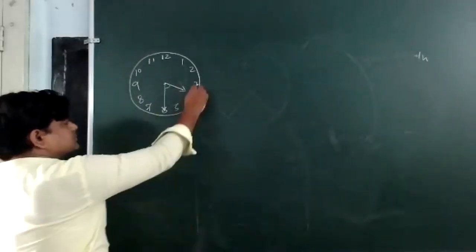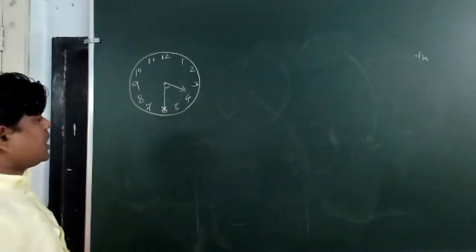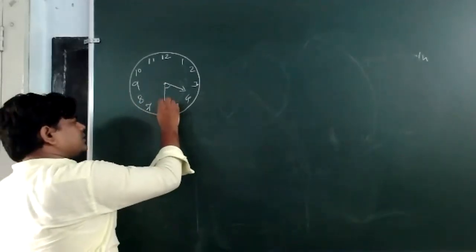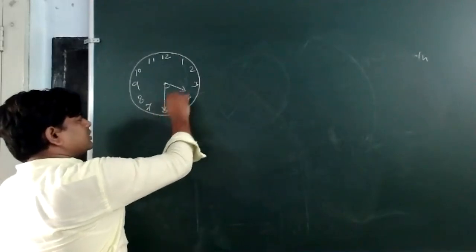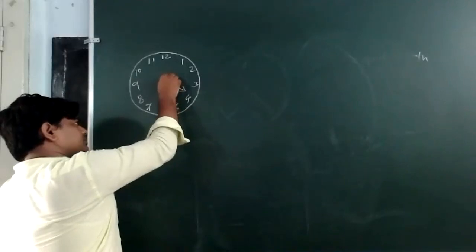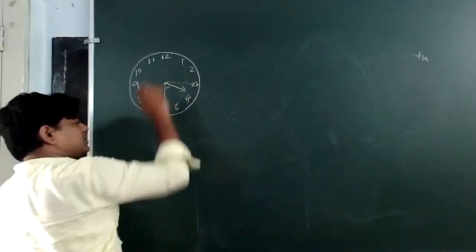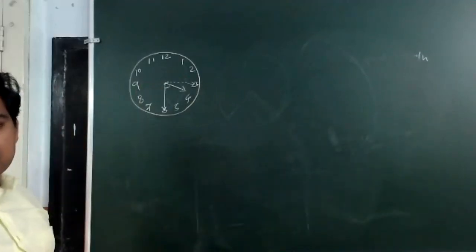Between 3 to 6, it will be 90. Or I can say that the minute hand turns from 3 to 6, it is total, suppose that one dotted line I am drawing here, then I can say it is 90 degree.